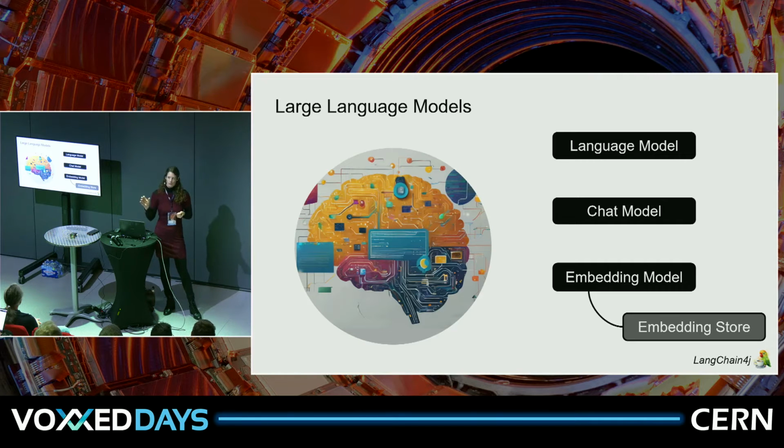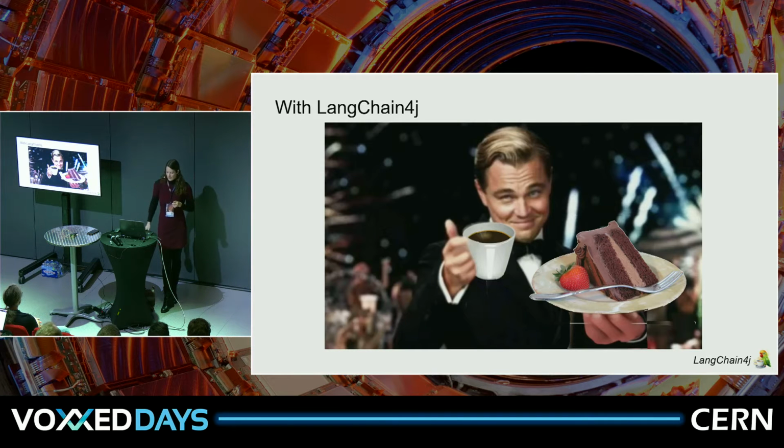So if you can retrieve things with a similar meaning, it means it's very nice to find relevant pieces of information, because you find the things that have this similar content, and also to characterize, to divide your data in different parts. You can also just use your embedding model, and you don't have to use the whole language model on top. So with LangChain4j, we aim at making this access to all these models and building applications on top a piece of cake.